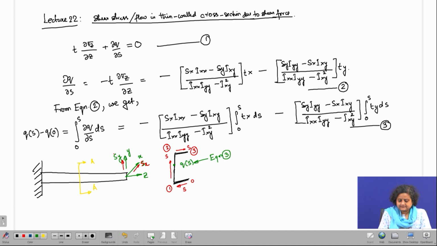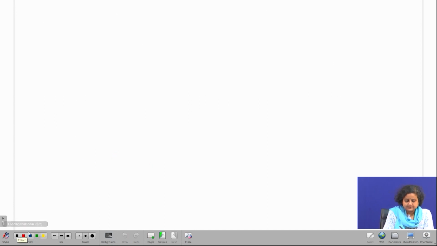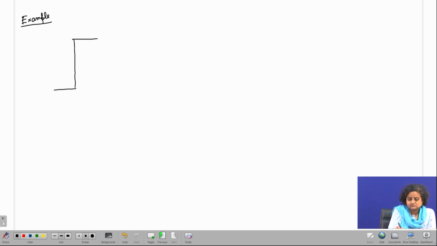Now, with this, let us do an example and see how this equation can be implemented for a given problem. Let us consider an antisymmetric Z cross section.